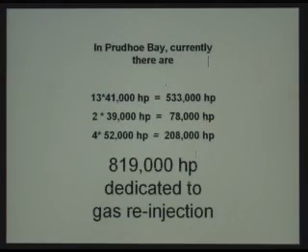And so right now in Prudhoe Bay, there are 13, 15, 19 trains that are dedicated just to getting gas back down into the formation in the ground. 819,000 horsepower, that's ISO, that's during the summertime. During the wintertime, that goes up to almost 1 million horsepower that's dedicated to just putting gas back down into the ground. This is really the limitation to all the facilities up there, and therefore, if you want to be able to increase your revenue stream, you have to be able to increase this gas handling ability.